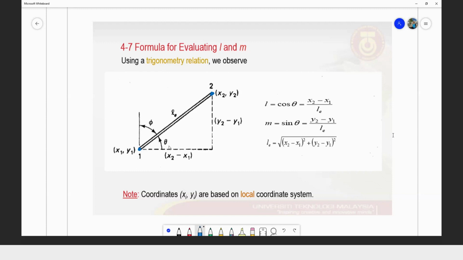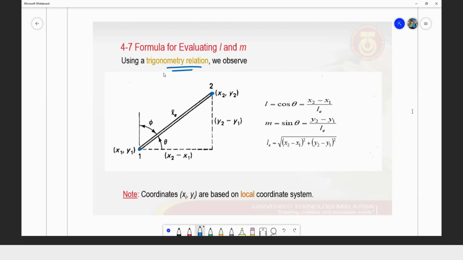When we supply the origin to the structure, we can know the coordinates of our structure. Similarly here, we have the coordinates at node 1, x1 y1, and at node 2, x2 y2. Then from there we apply the trigonometry relations only. You already learned this in secondary school.